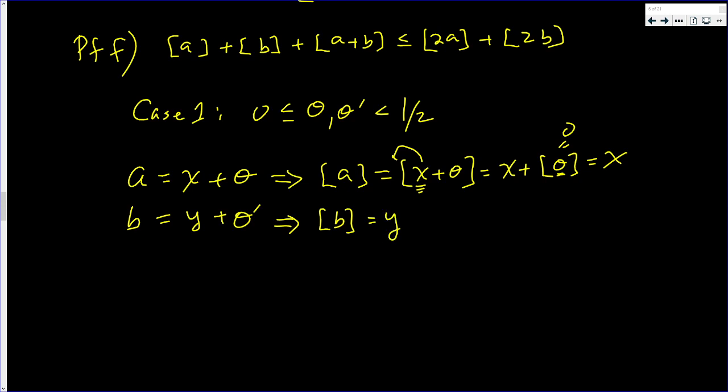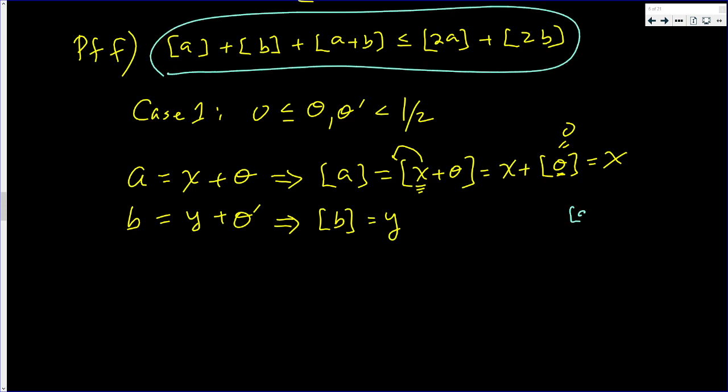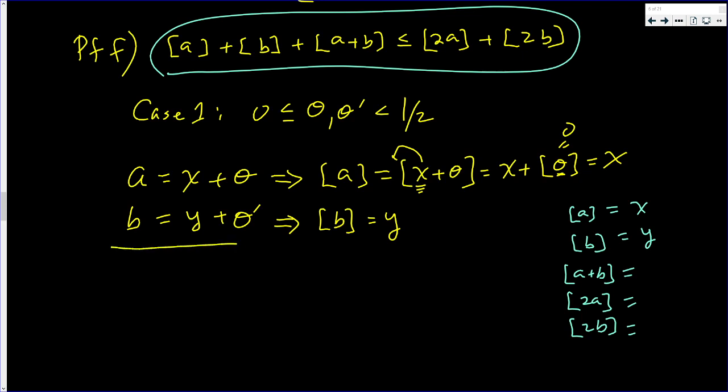Now, just want to do some bookkeeping. To do this, we're going to need the integer part of a, the integer part of b, the integer part of a plus b, the integer part of 2a, and the integer part of 2b. Okay, integer part of a is x, of b is y. Now, let's add the two. A plus b is equal to x plus y plus theta plus theta prime.